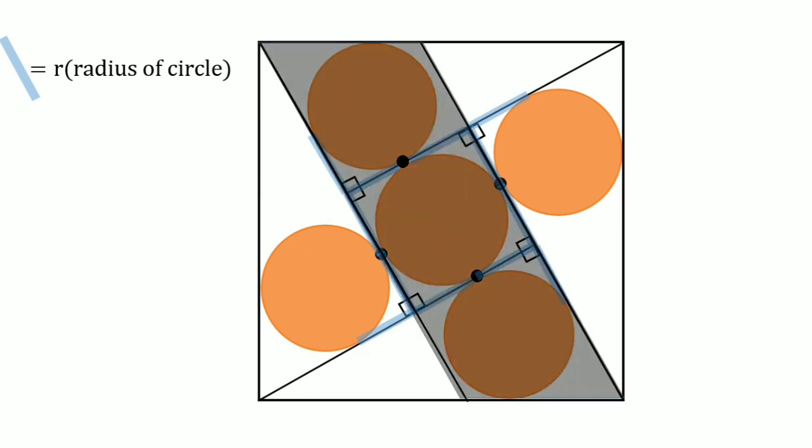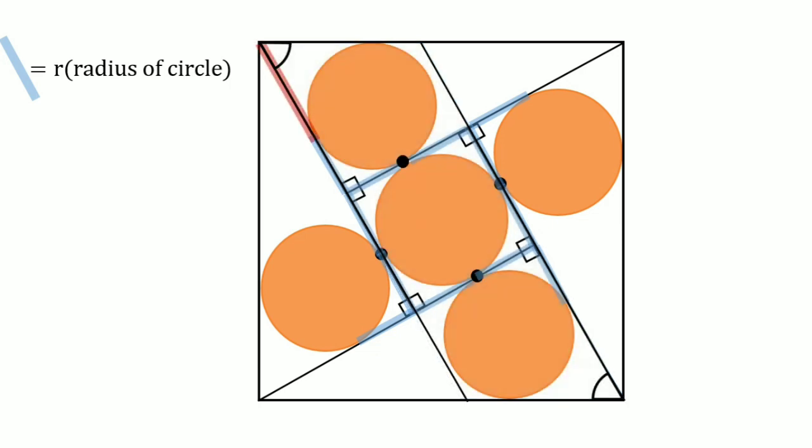So we have this figure which works as a parallelogram. So the opposite angles are equal. If this line, let's say this red line, is equal to this, then similarly these lines are also red lines because these angles are equal and these circles have equal radii.